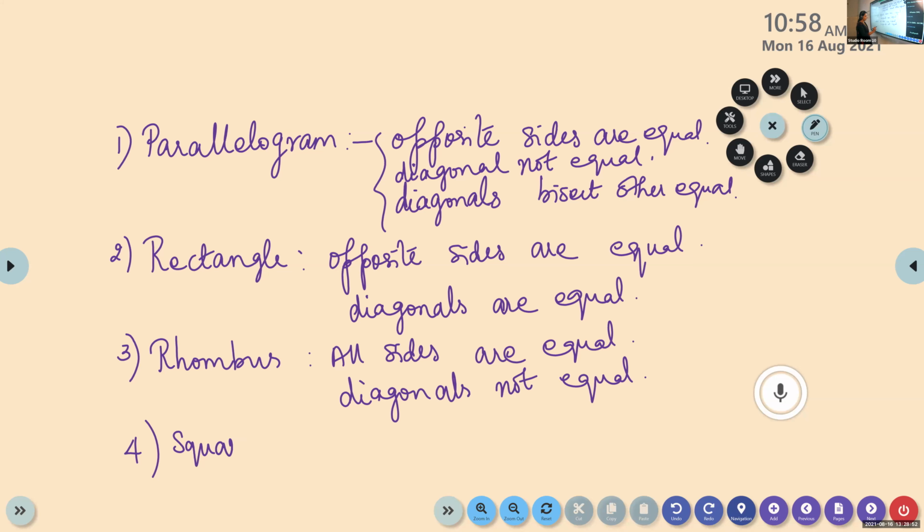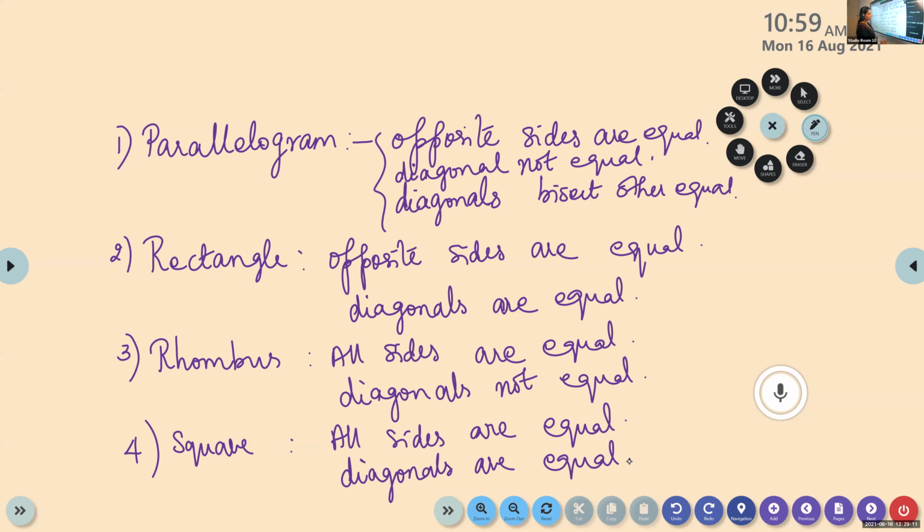Square means all the sides are equal and diagonals are also equal. We have to prove the diagonals are also equal. All the sides are equal and the diagonals are equal.